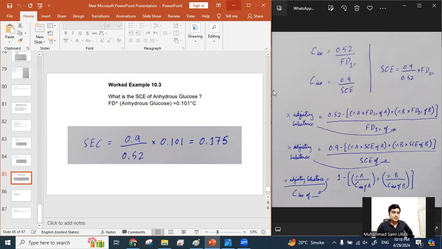FD 1% is given, and we need to find the SCE. We only have one formula here to find the SCE, which is this. So put the values here: 0.9 is constant, 0.52 is constant, multiplied by the FD 1% given, and we will have the value of SCE. So these three formulas will have very simple questions, only one value given and the other required.